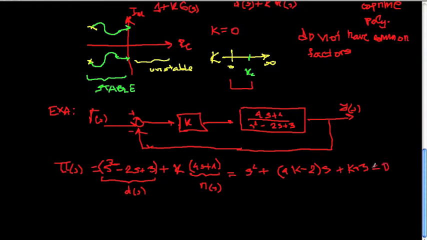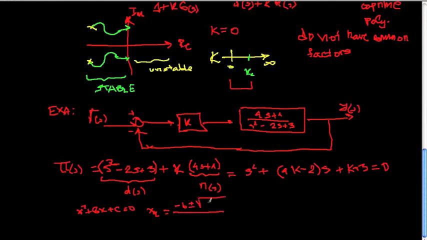So, to ensure that the closed loop characteristic polynomial has negative poles, one has to ensure, because we have the quadratic formula for x squared plus bx plus c, from the quadratic formula we have that x1,2 is going to be equal to minus b plus minus the square root of b squared minus 4c, a is 1 in this case, divided by 2.